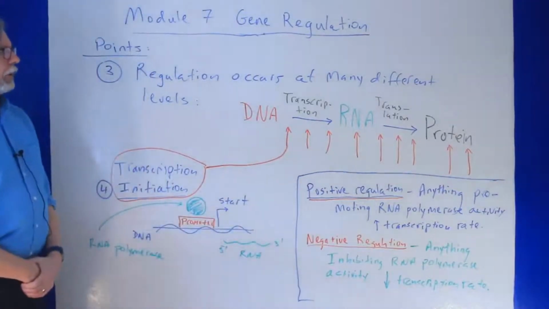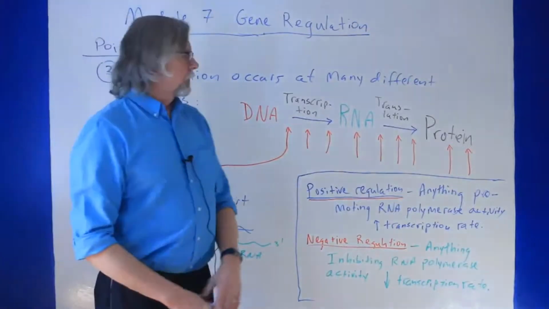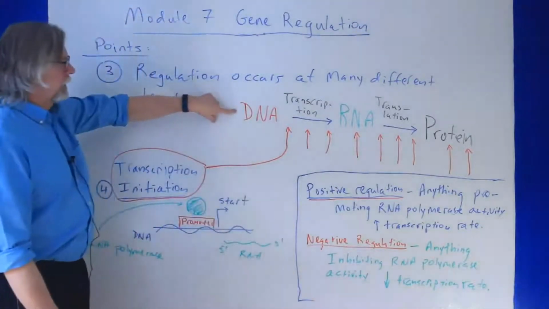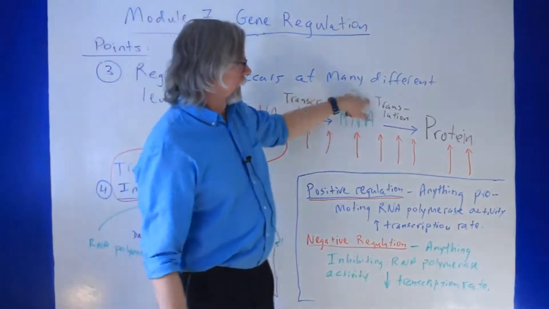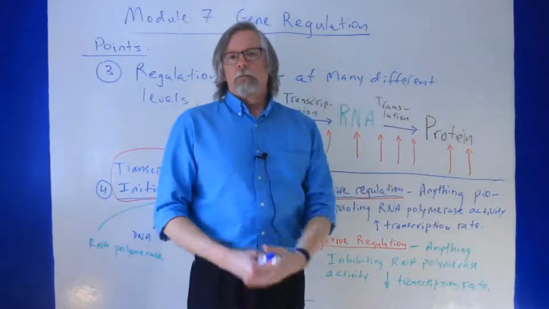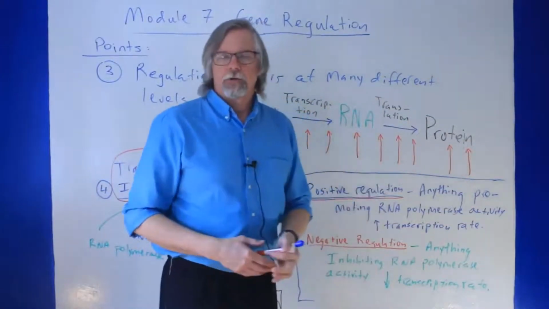Regulation can occur at different levels of gene expression. In gene expression, DNA is transcribed to RNA, which is translated to protein, and then the protein has some activity resulting from all this process.